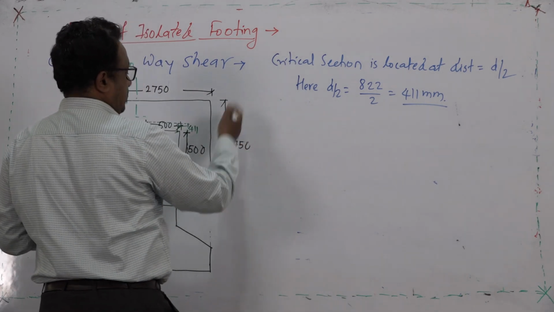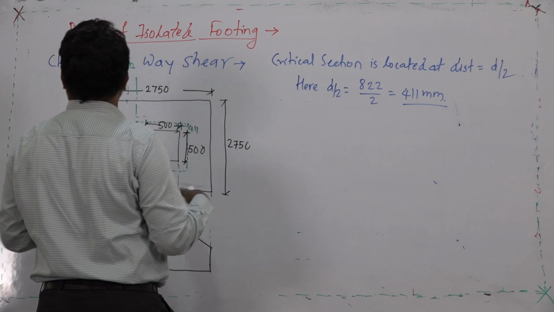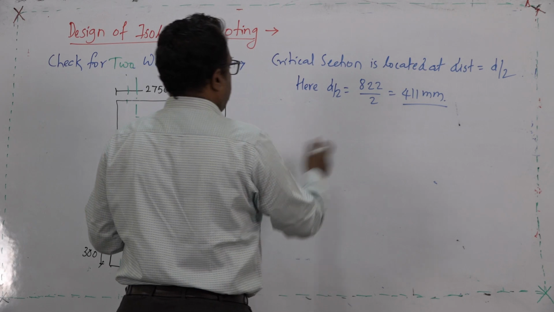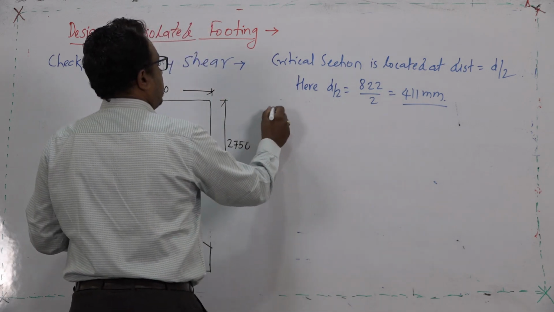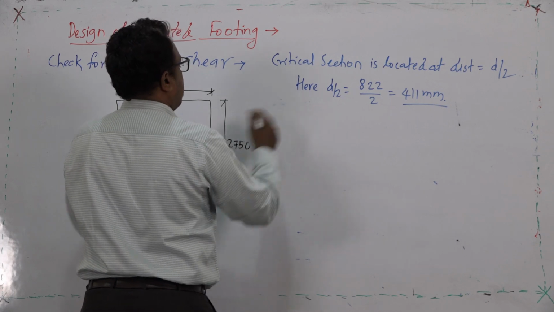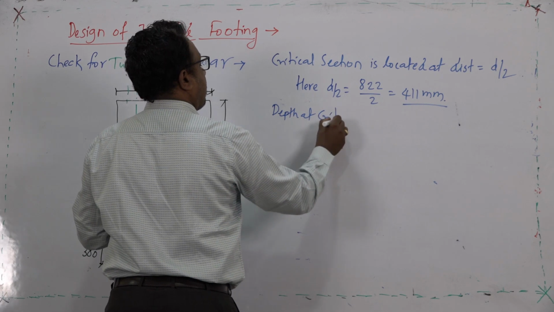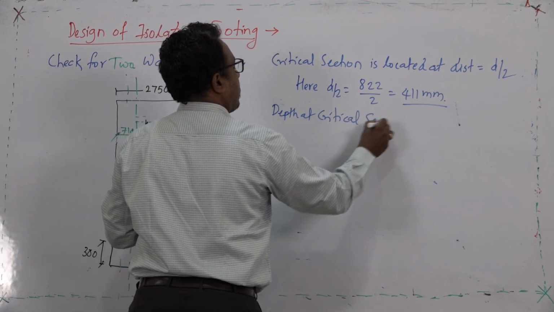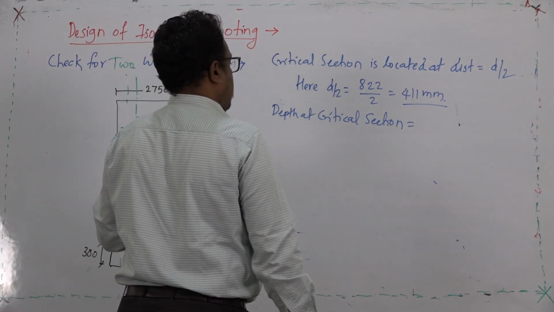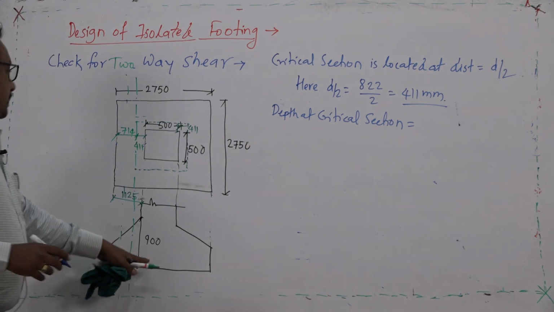So, we will start the procedure again, the same as we just followed for one way shear, to get the value of B and D. I will write the depth at the critical section. Again we will stick with this variation.